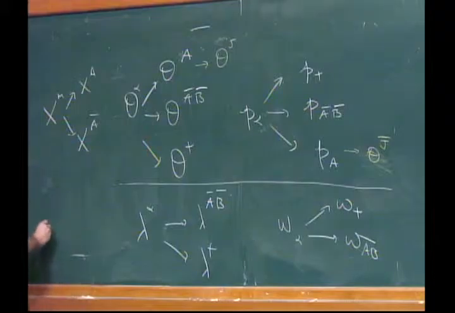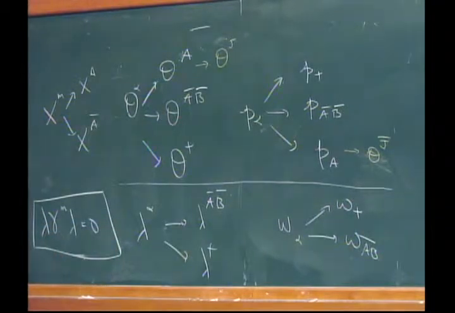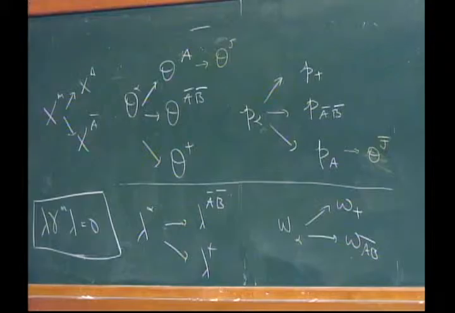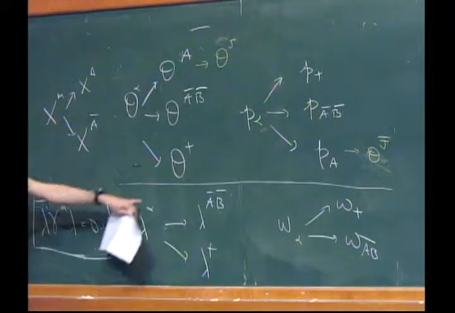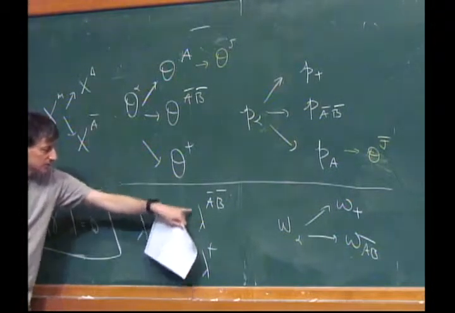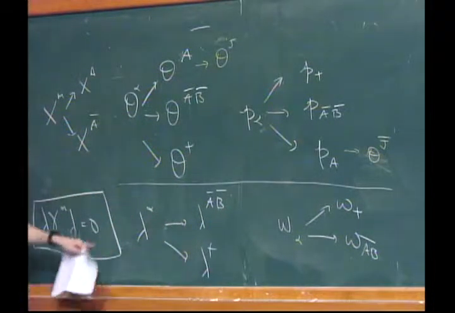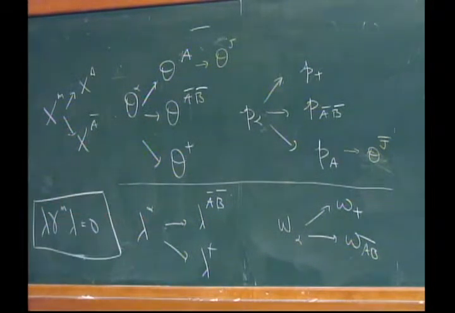But if I put a constraint on lambda, which is this constraint here, it turns out that lambda only has 11 independent degrees of freedom. So although lambda has 5 extra components in addition to these 11, the other 5 components are related to these 11, so they're not independent.